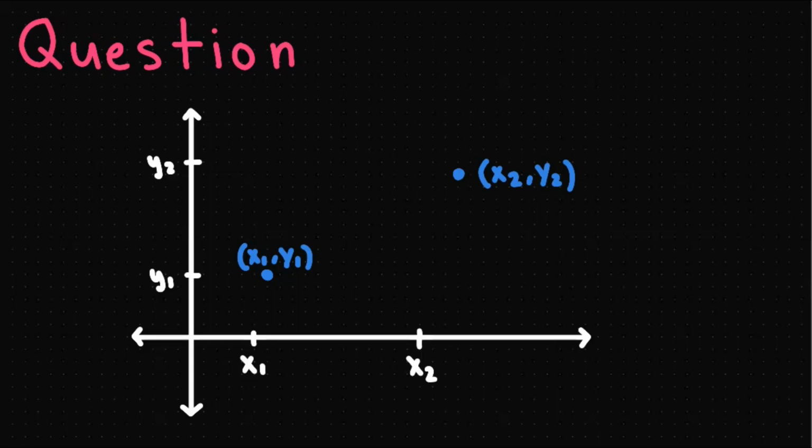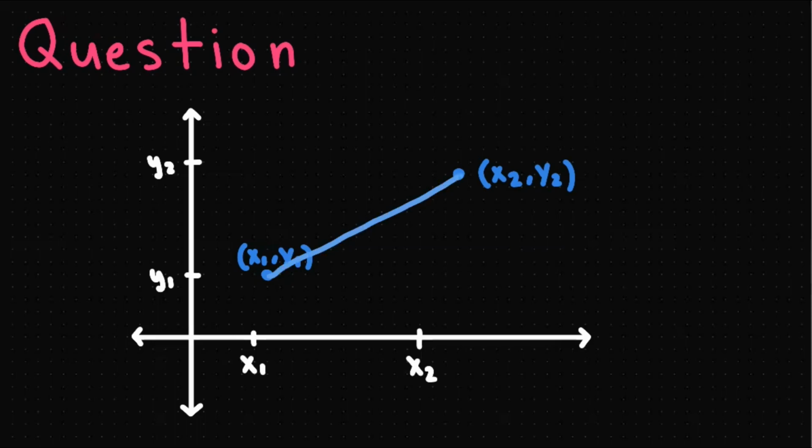Hi there. For this video, we'll be discussing how to get the distance between 2 points. So for a question of the day, given these 2 points, how do we know the length of this line out here?